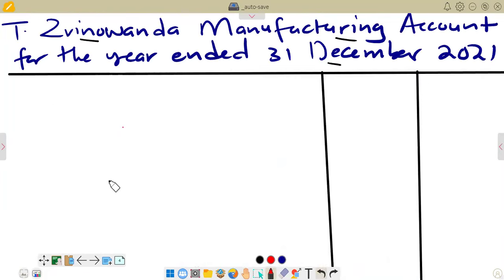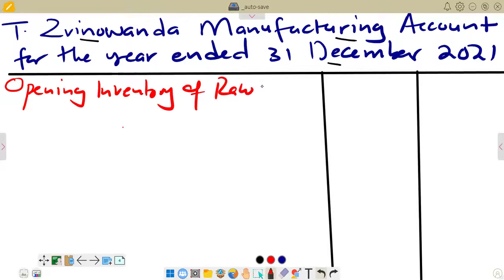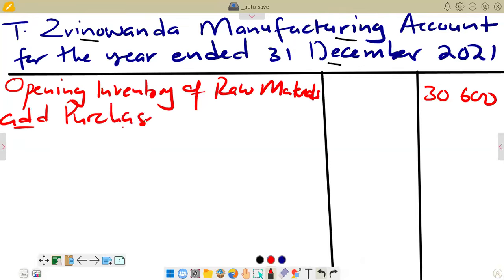Here we are saying opening inventory of raw materials, and the figure that we have is 30,600, and then we can just indicate it in this column. And then obviously we are supposed to add our purchases. And this is to be purchases of raw materials.